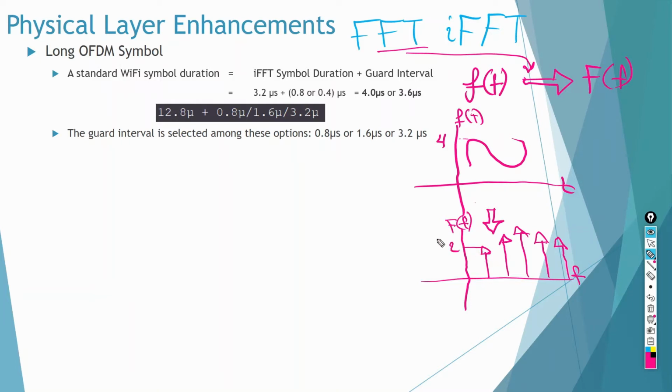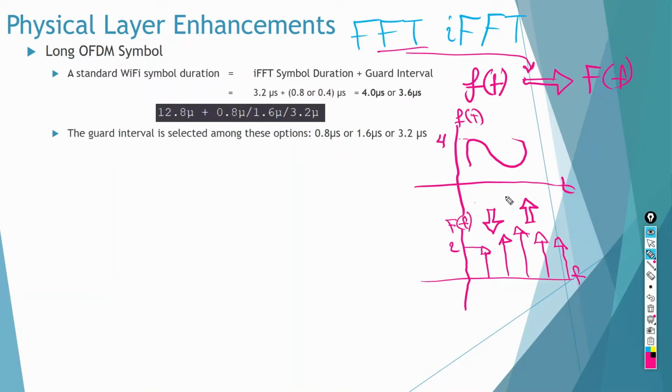Let's assume, just roughly speaking, that it equals 2. By the way, if I apply the IFFT in the reverse direction from frequency domain to the time domain, I can also get the time domain representation of the same function.